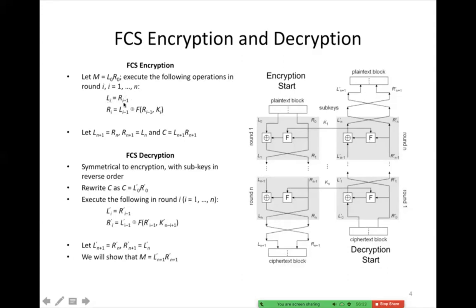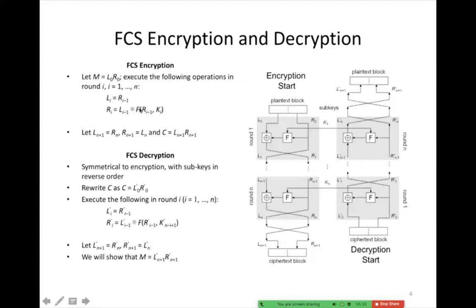So there isn't anything changed, but this R sub i is changed by operating F on the second half of the previous input with a subkey ki, and then exclusive OR with the first half of the previous input.